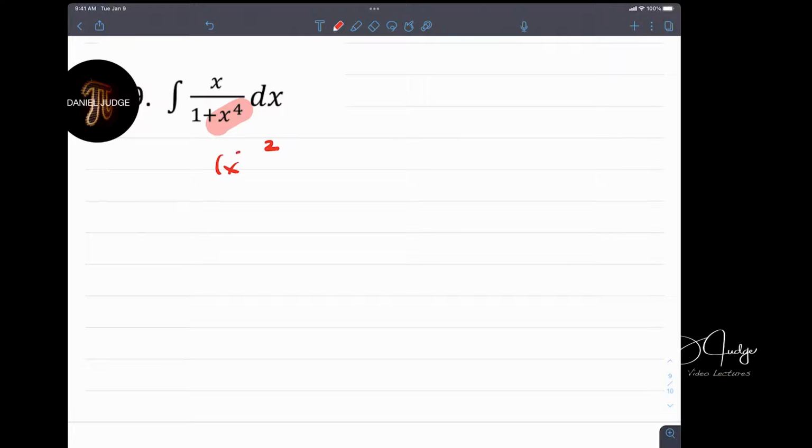And that means I have to have x squared, because x squared squared, you just multiply the powers, you get x to the 4th. That's going to be your u. Right, so u will be x squared. And again, by u substitution, du dx is d dx of x squared, which is 2x.